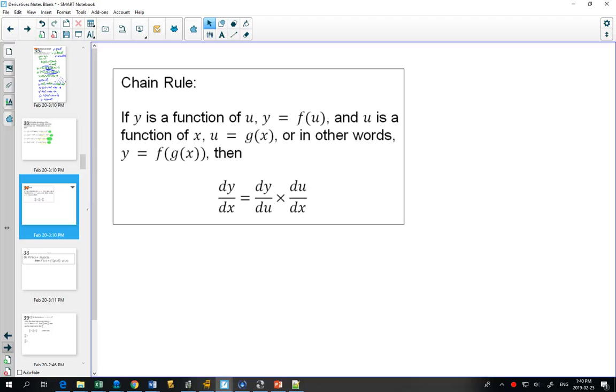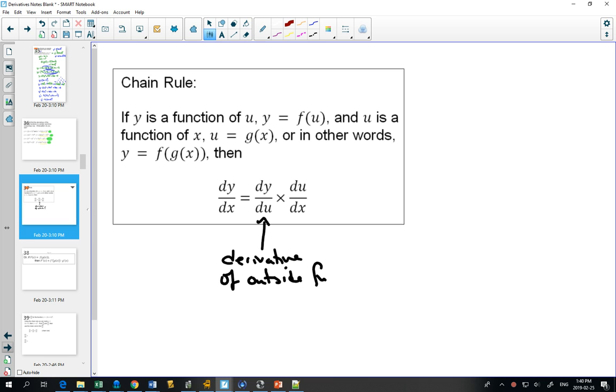Then the derivative is, okay, I'm going to explain this. These are the words I'm going to use lots of times when we talk about the chain rule. We're going to call this the derivative of the outside function.